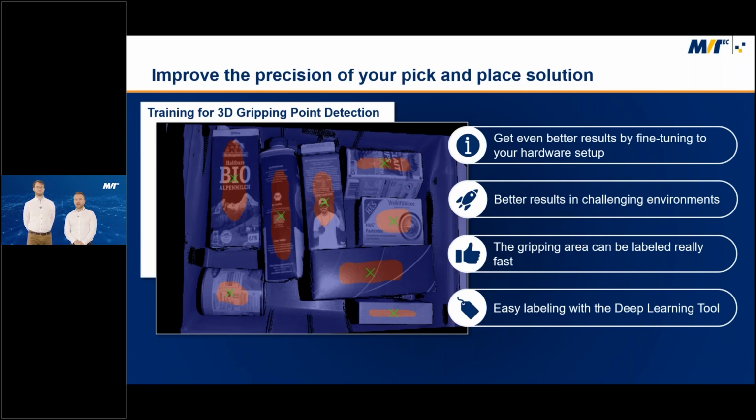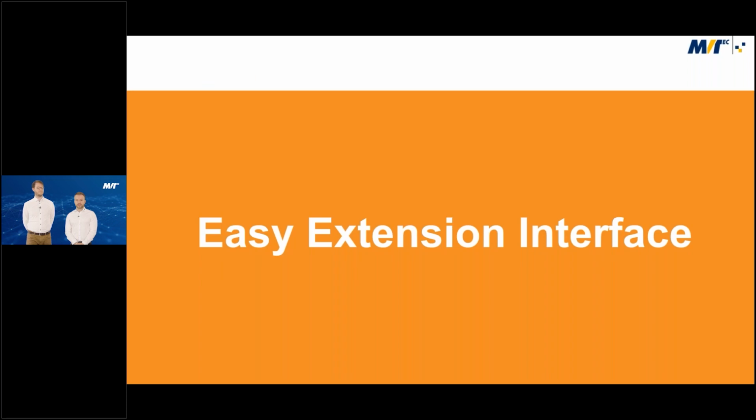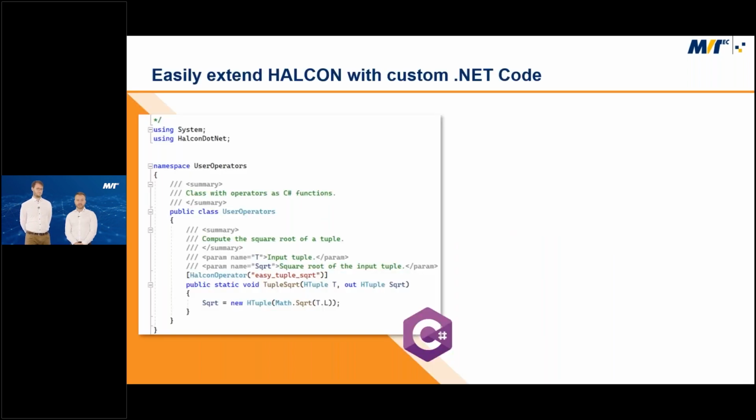But so now we talked a lot about our deep learning functionalities, our new deep learning features. But we also have another nice usability improvement, the easy extension interface. Some of you maybe already know the extension package interface, which is kind of similar, but now we have a better improved version. The easy extension interface, a .NET adapter for the extension packages to write your own extensions in HALCON with .NET.